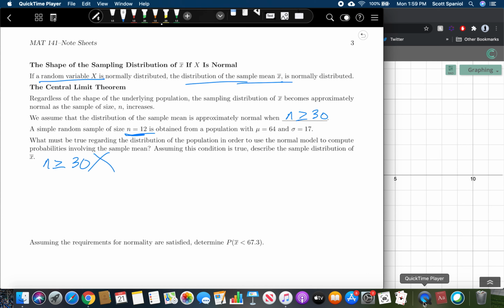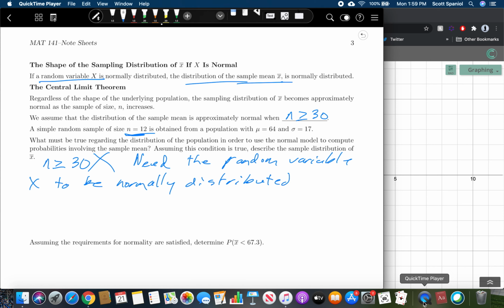So since the central limit theorem doesn't work here, we'd need the population, the random variable x, to be normally distributed. Okay, so if that was the case, then we'd be good to go.